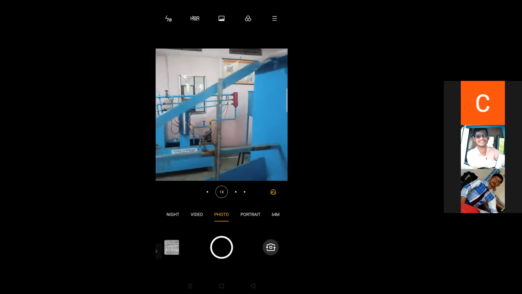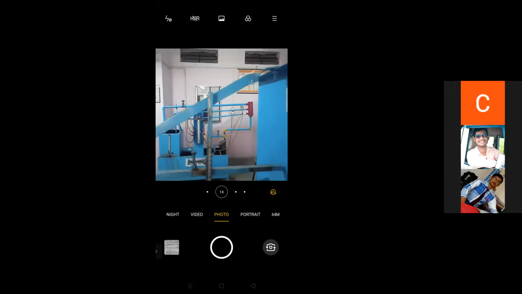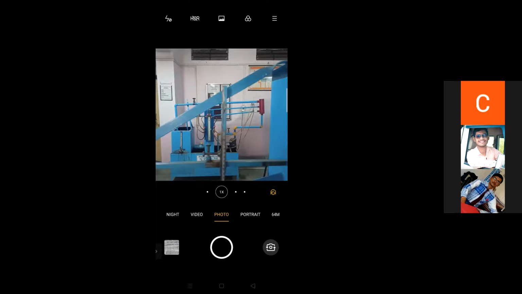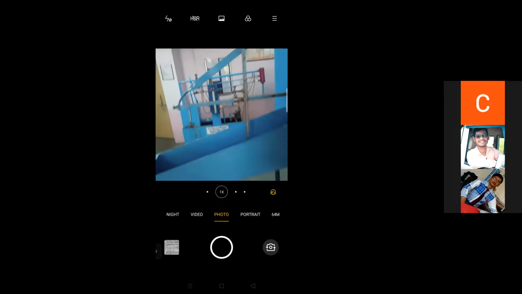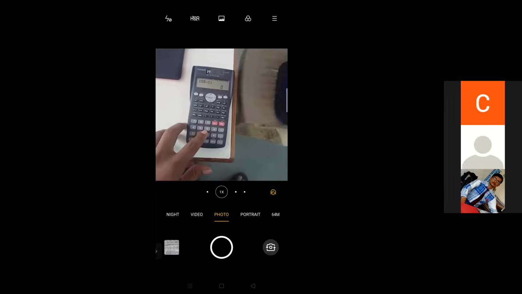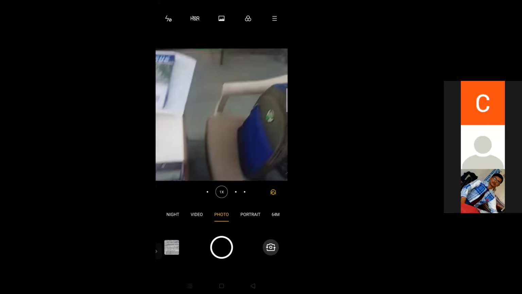Now 155 minus 115, how much does it come? It is 40. So this is the y value.